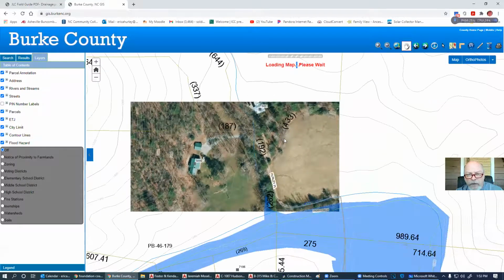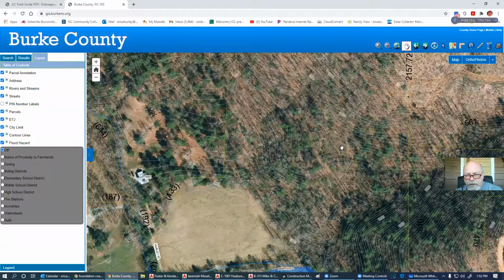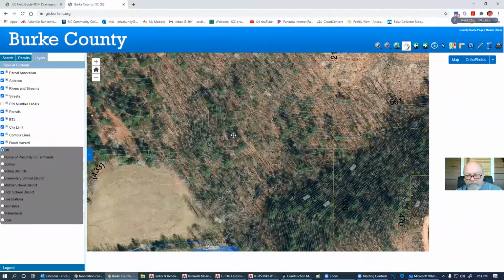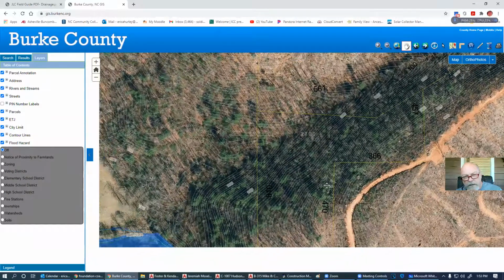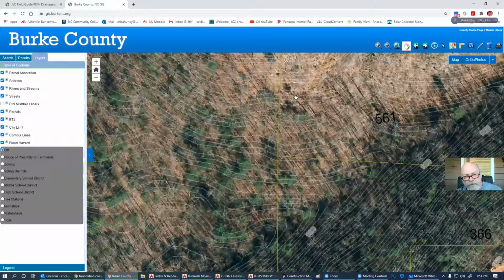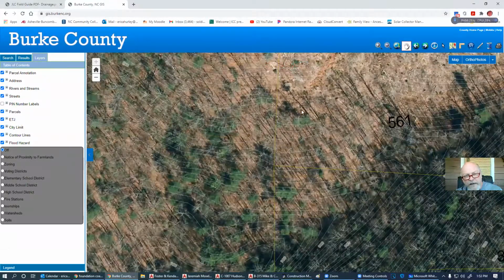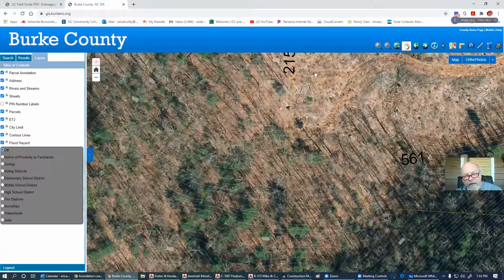Let me see if I can show you one other place right quick that's actually pretty cool. Just got to find my bearings here. All right, it's kind of hard to see on this picture, because they've done a lot of grading through here.